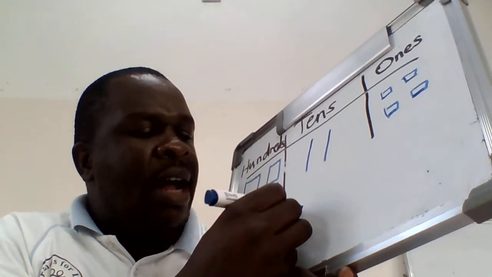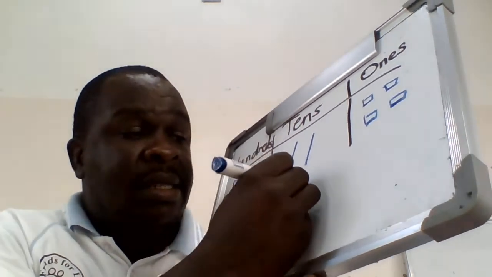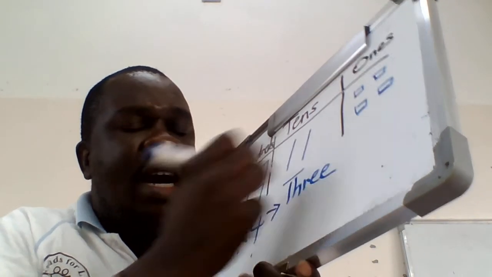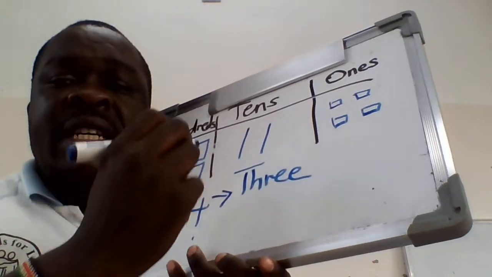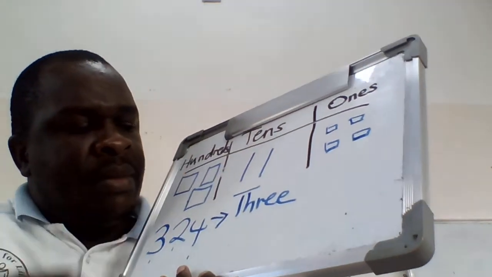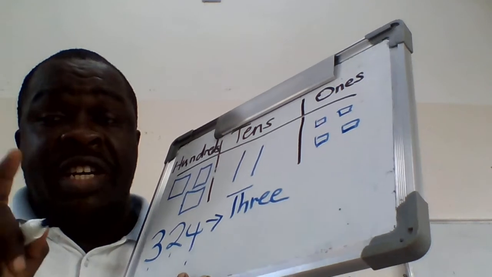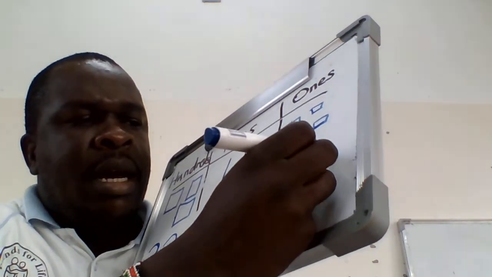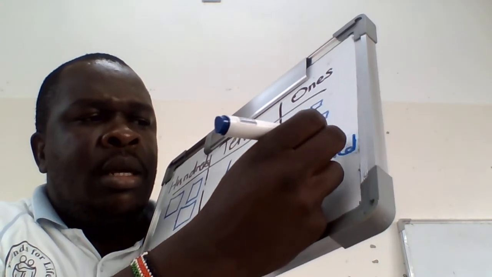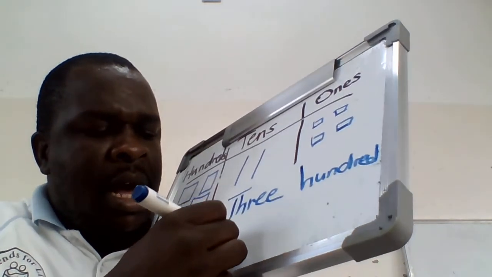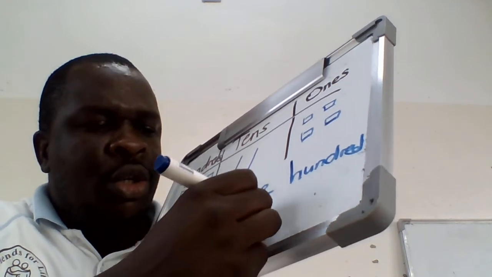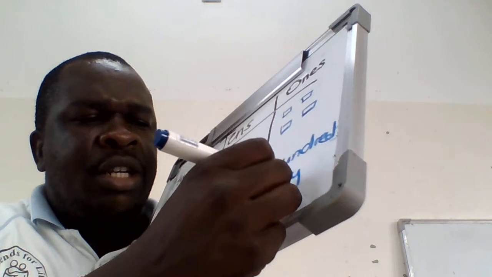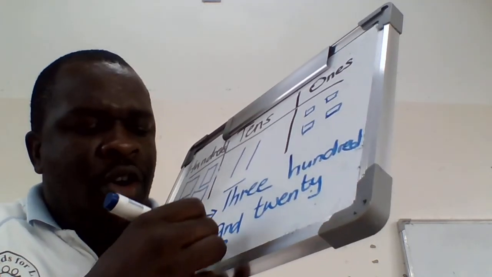Are you able to write the number in words? Do you remember writing the number in words? Three hundred. You need to write it well. Three hundred and twenty-four.